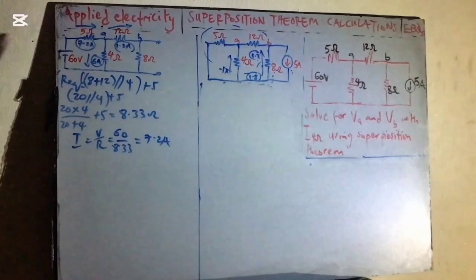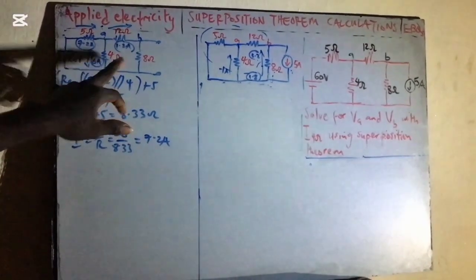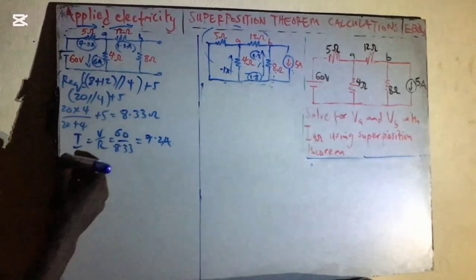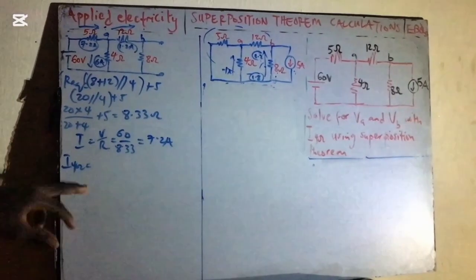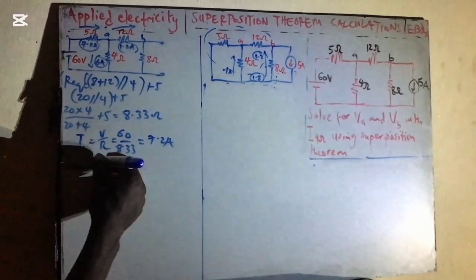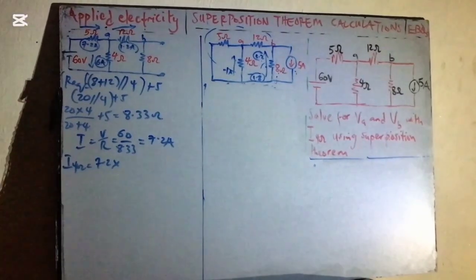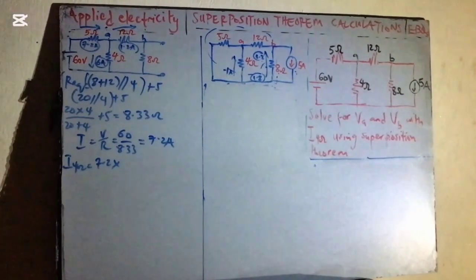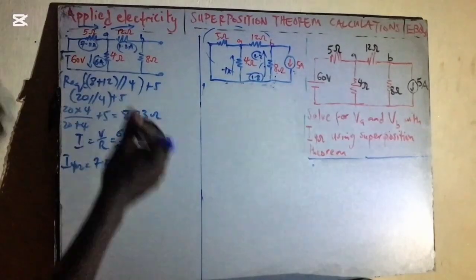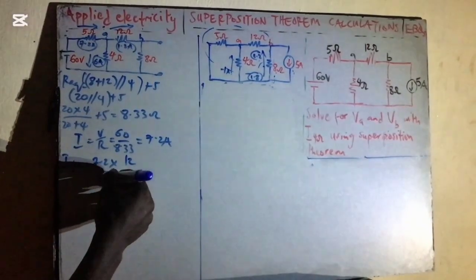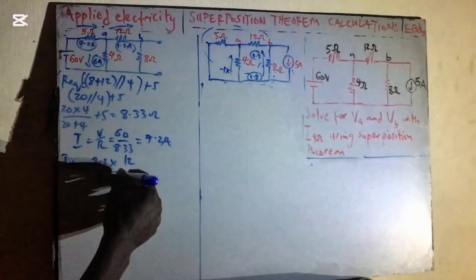So now I want to use the current divider to get the current in the 4 ohm resistor. So the current in the 4 ohm resistor equals the total current, which is this 7.2, multiplied by the other resistor you are using in contrast, which is 12, since we are splitting here and here, over the sum of both resistors, that's 4 plus 12.